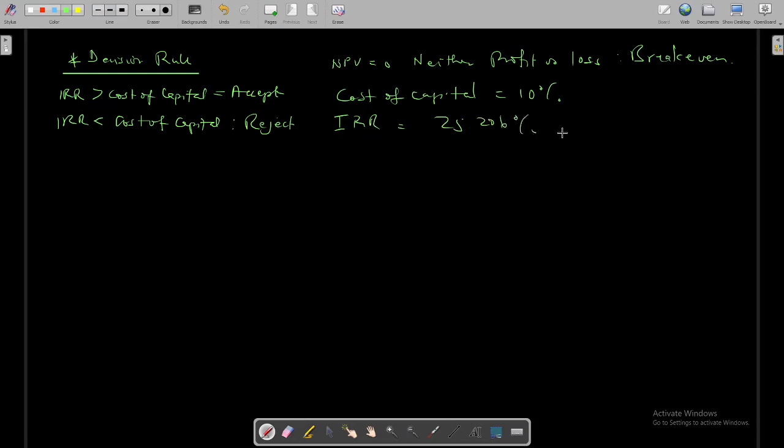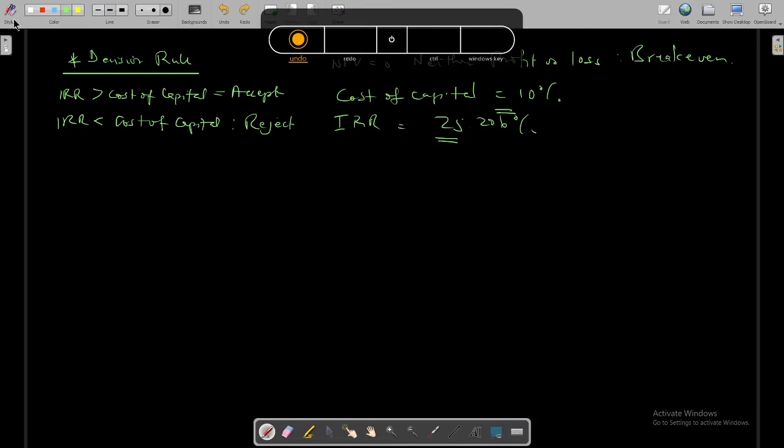On the basis of this, should we accept the project or reject the project? This rule is saying that if the internal rate of return is greater than the cost of capital, then accept the project. So under this condition, we are going to accept the project.